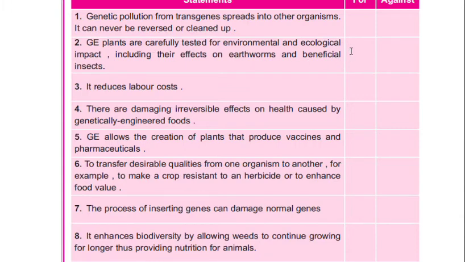Why 4? Because it says that genetically engineered plants are carefully tested for environmental and ecological impact. In order to solve these problems of genetic pollution, they make lots of tests before using genetically engineered plants, because this problem, if it happens, is going to be irreversible. 3, it reduces labor costs.